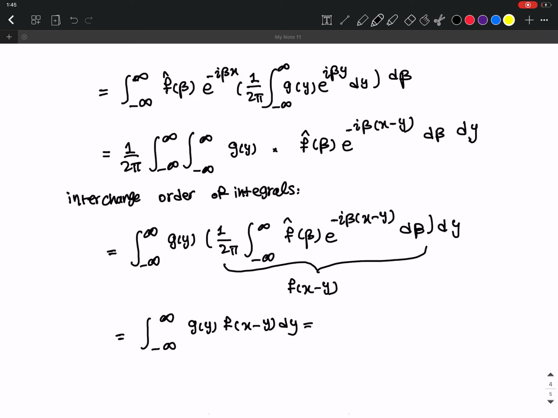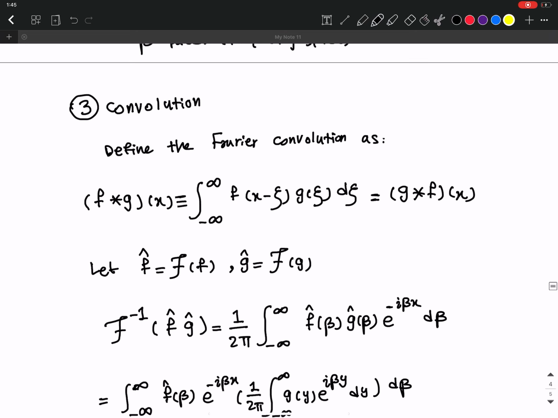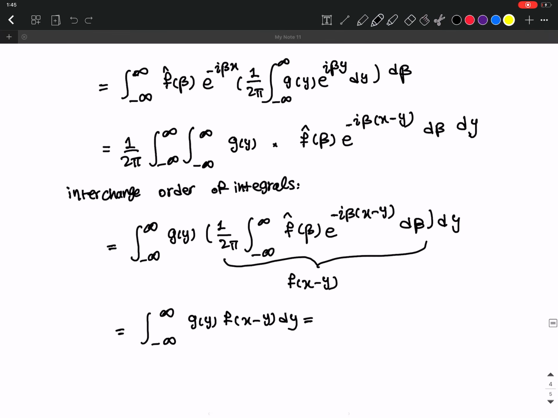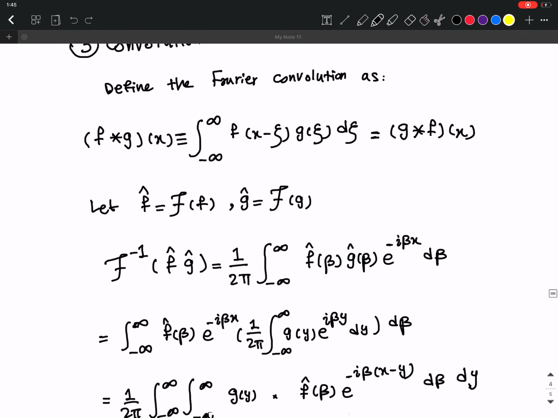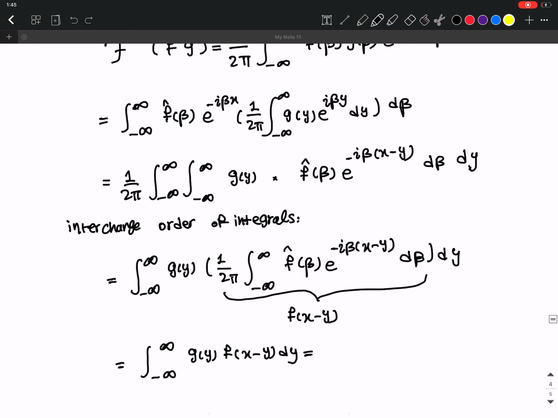And this is based on the definition that we had for convolution. This is just the convolution of f and g.